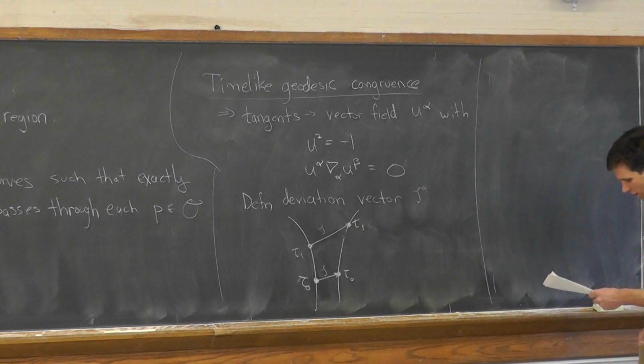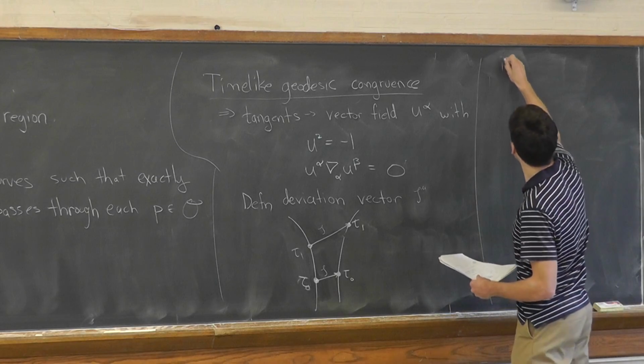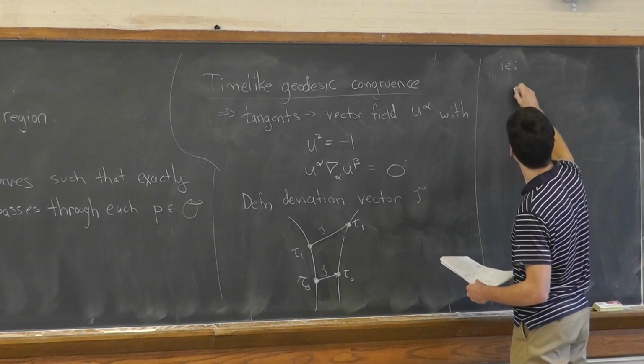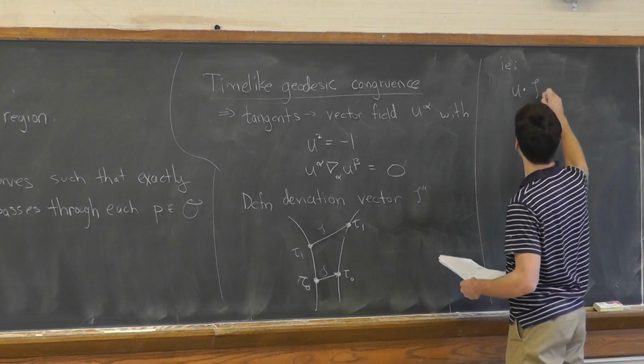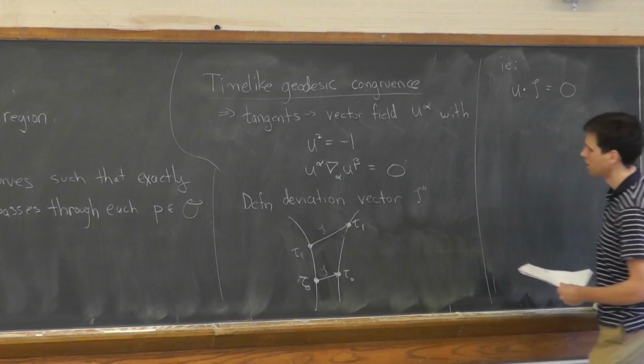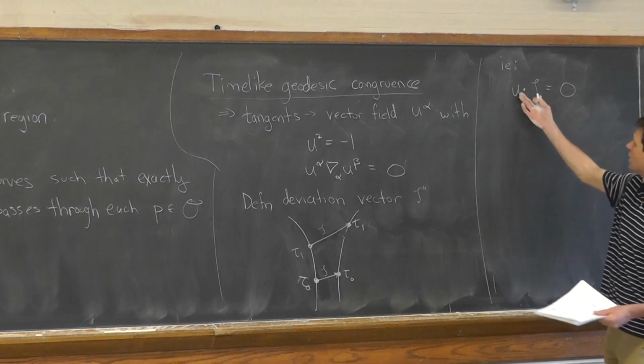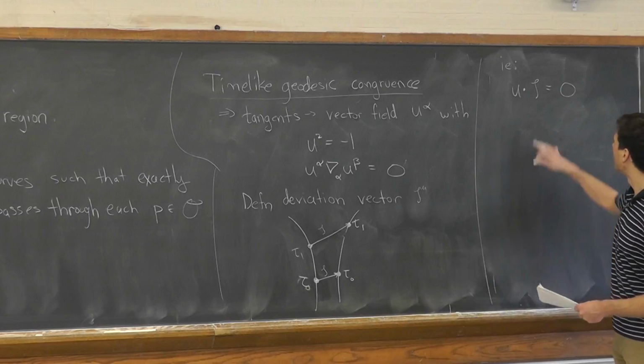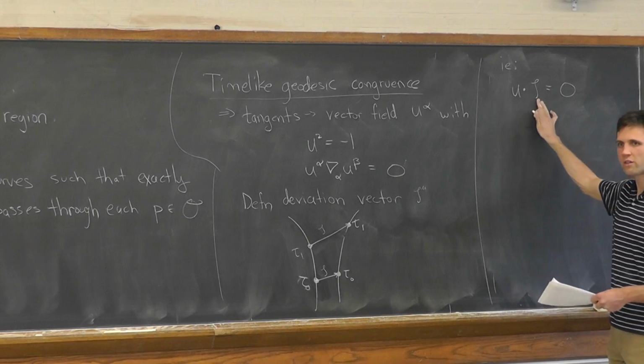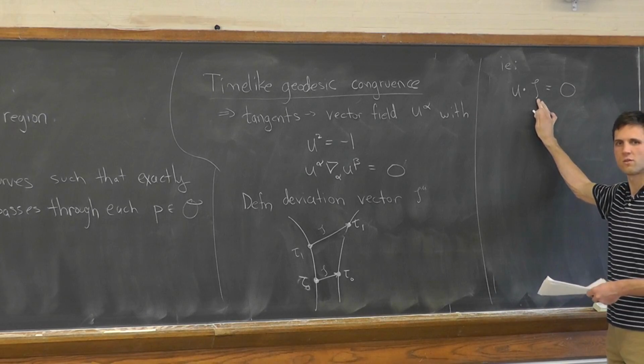In formulas, what that means is that, first of all, it's orthogonal. We're going to choose it to be orthogonal to our congruence. So we have this vector field u. You can basically interchangeably talk about the congruence and the vector field of tangents. We have this vector field u that describes our congruence, and we're going to choose an orthogonal deviation vector ζ.